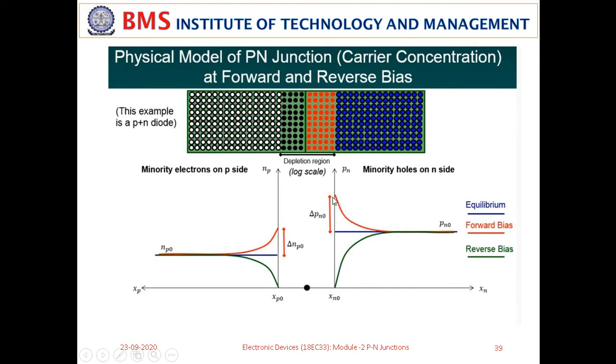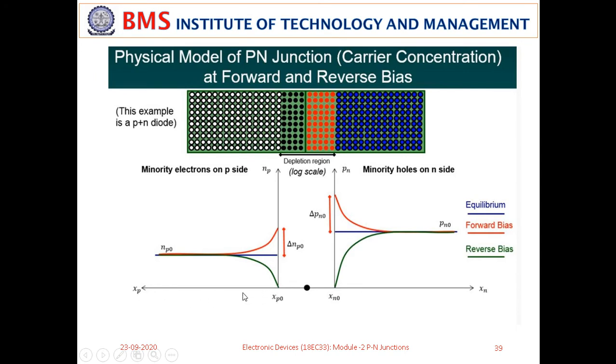This distance from here to the equilibrium is delta P naught, that means a change in the hole concentration. This height tells delta P naught. Similarly, we can write delta NP naught, the change in electron concentration from the edge of the depletion region to equilibrium.